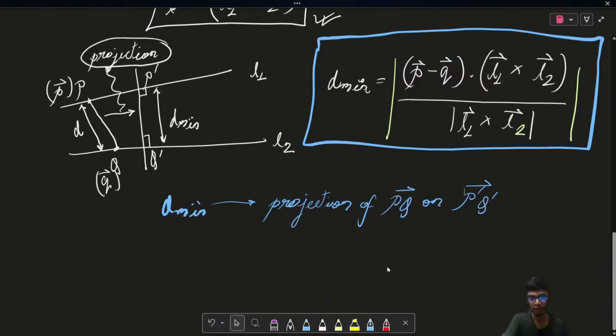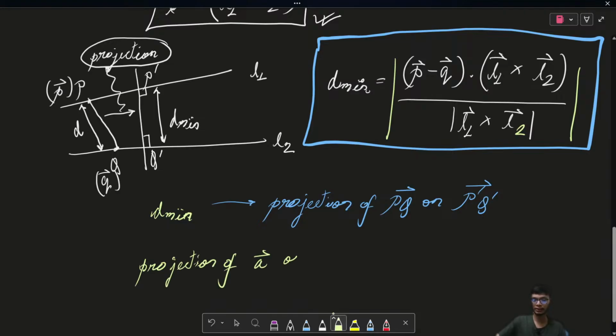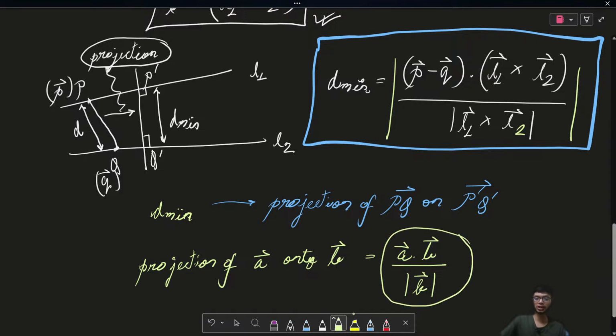If I recall the projection concept we studied in our theory of vector algebra, the projection of vector A on vector B is simply given by doing the dot product and dividing by the magnitude of vector B. This will generate the result for the projection of vector A onto vector B.